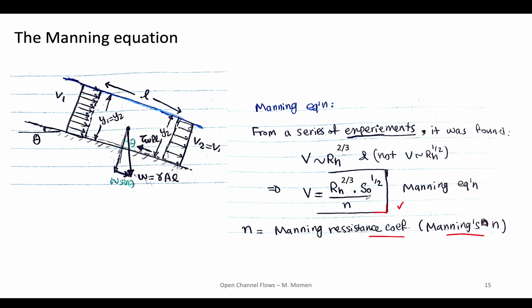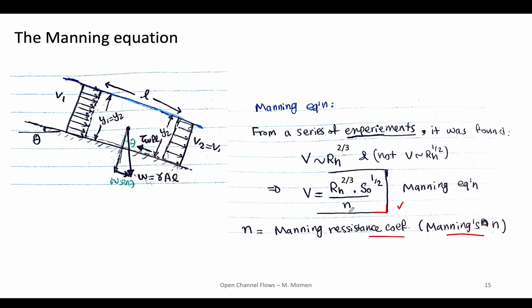By knowing n, which is a function of the channel type, which we will show later, S naught, the bottom slope of the channel, and also the hydraulic radius of your channel, you can find the velocity of the open channel based on Manning's equation. This is a very important equation in the open channel flow context.